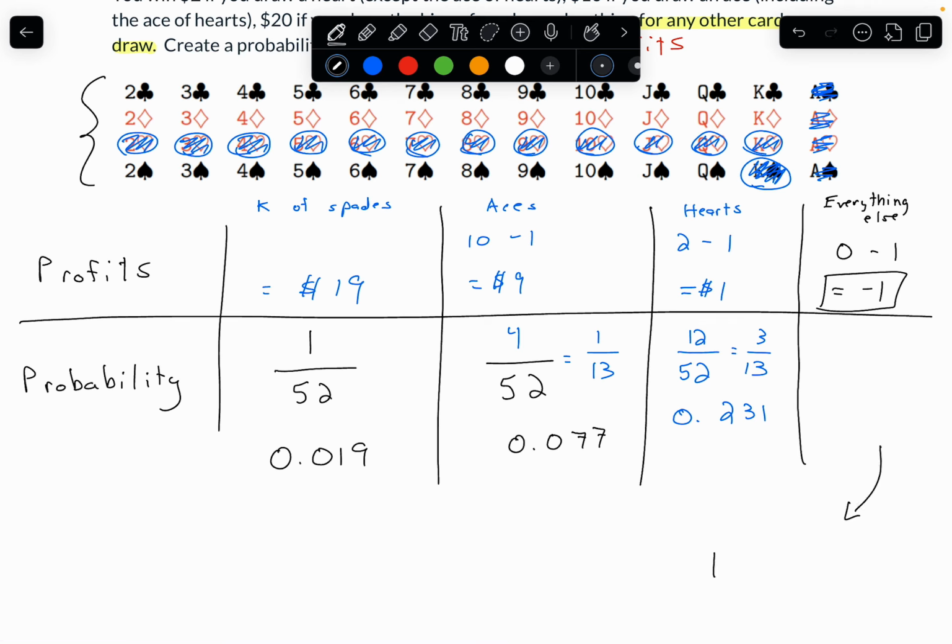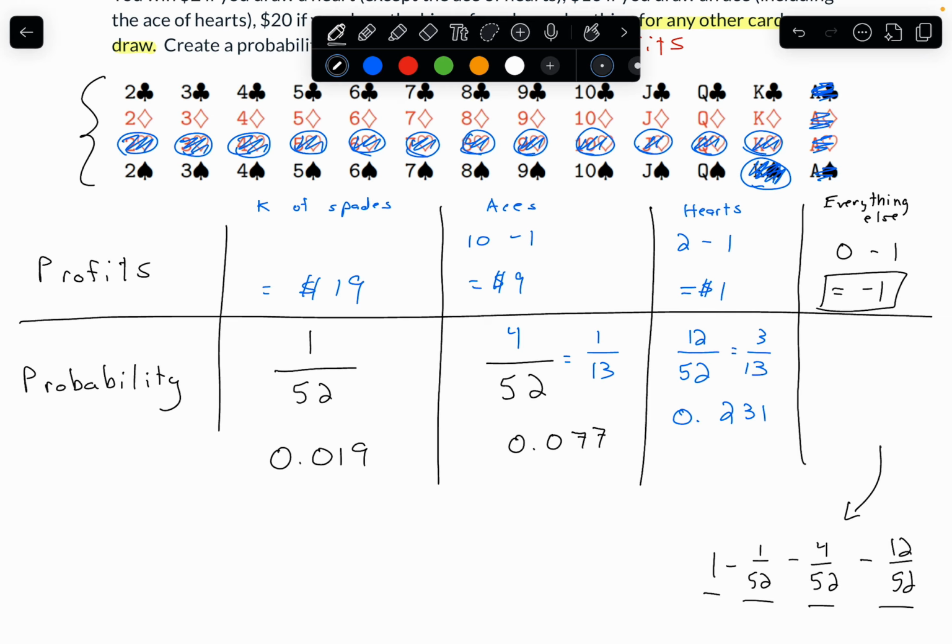This is going to look like 1 minus 1 over 52 minus 4 over 52. I'm going to use the unsimplified version just so that the calculations are a little bit easier to work with. Minus 12 over 52. So I'm just taking 1 minus each of these probabilities, and that should tell me the probability for everything else.